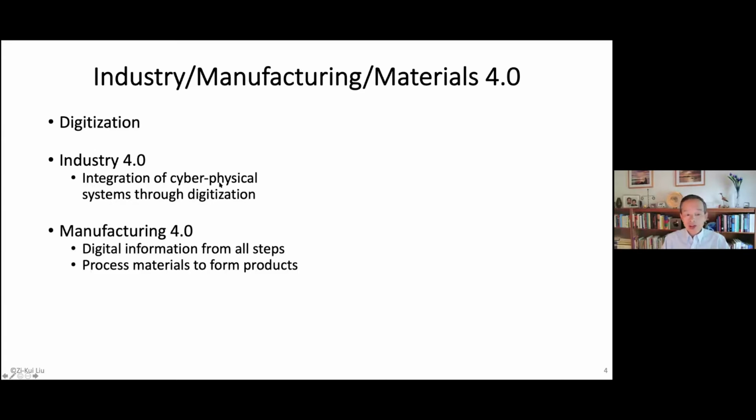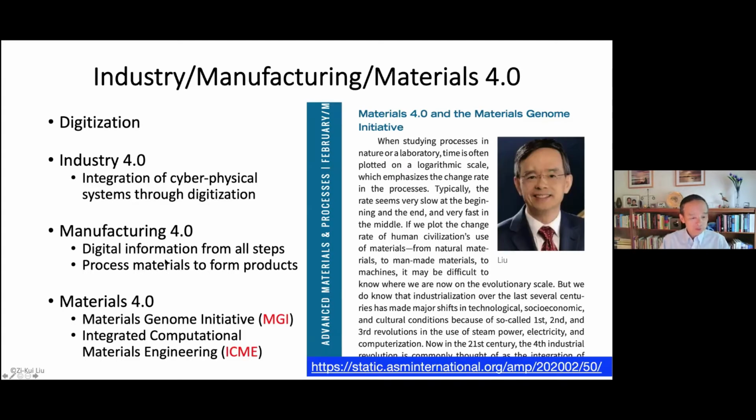For manufacturing 4.0, you need digital information for all steps, from the beginning all the way to the products, to recycling, to the next iteration. And for materials 4.0, as was mentioned, the Material Genome Initiative started in the United States in 2011. A few years before that was ICME, Integrated Computational Materials Engineering, in 2008.